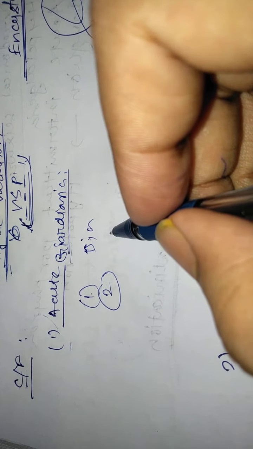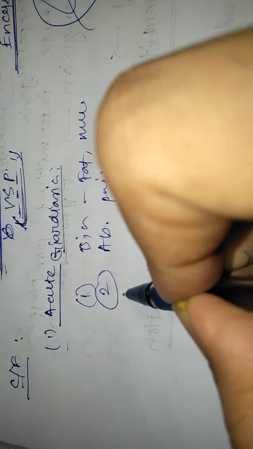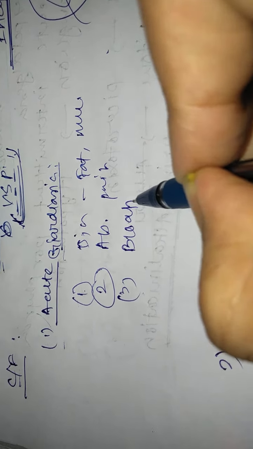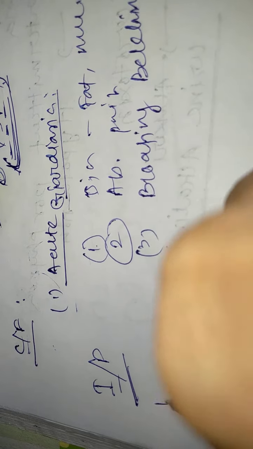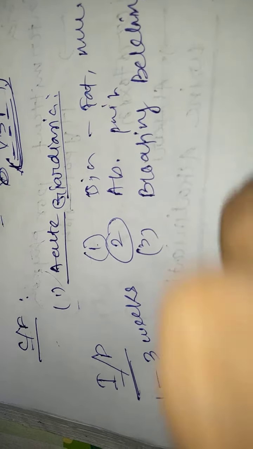Diarrhea along with fat and mucus, and there is abdominal pain, bloating, belching, etc. One thing I should have told you is the incubation period, which is 1 to 3 weeks. Now it generally resolves within 1 week.